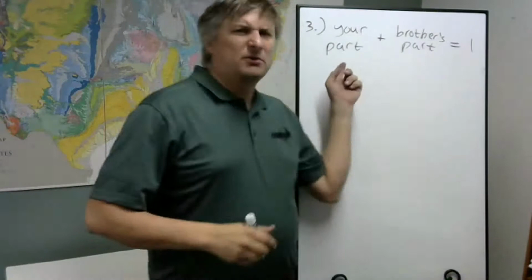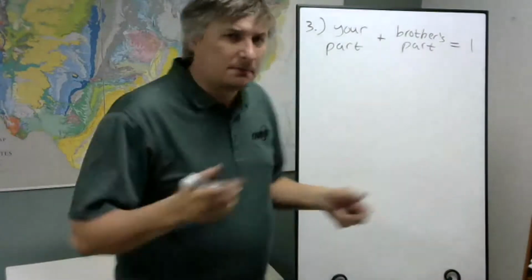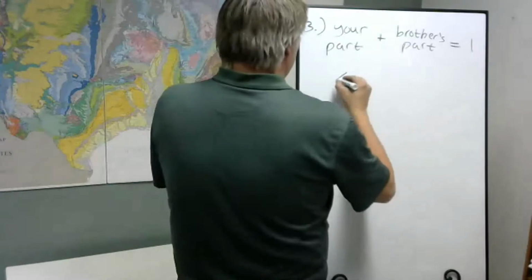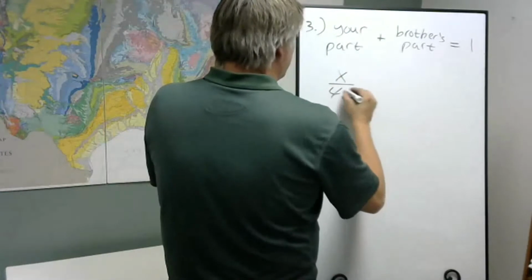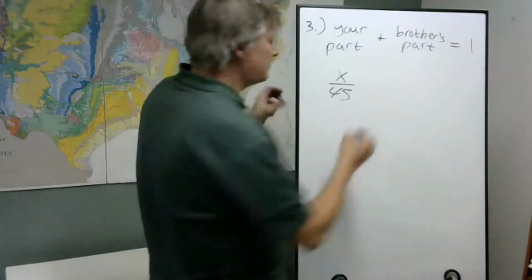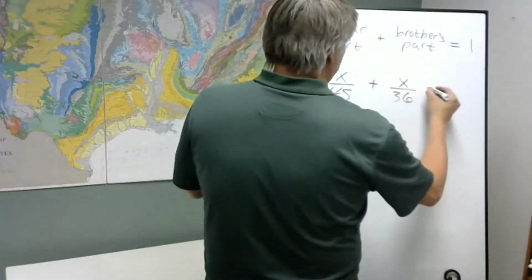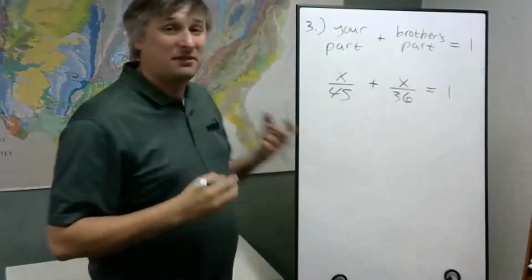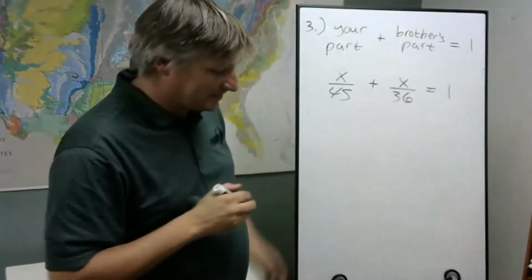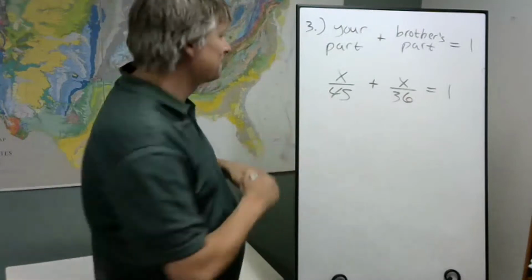Now, how much of the job are you going to get done? Well, we saw it. If you did this for X amount of minutes, you'll contribute X over 45. And if your brother works for the same amount of time, he'll contribute X over 36. And there you go. So now we just have to solve this equation.